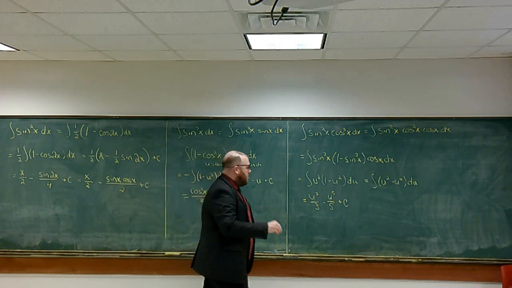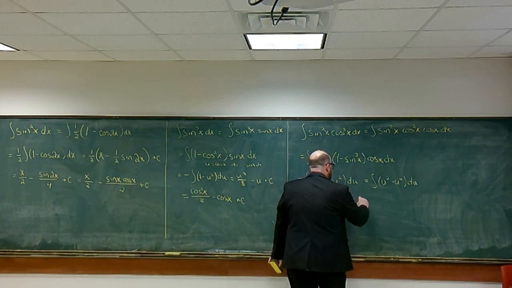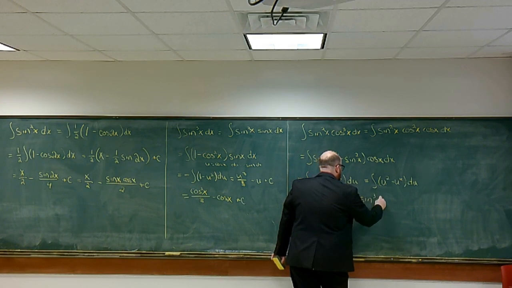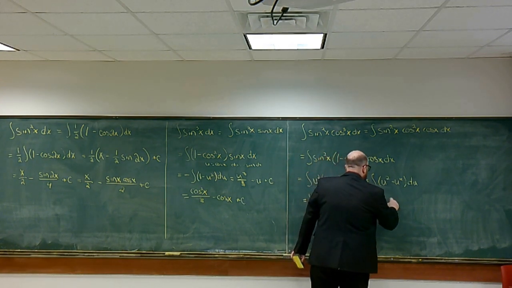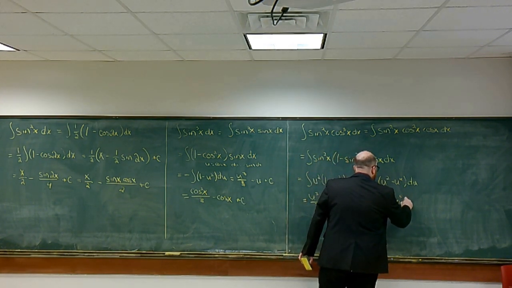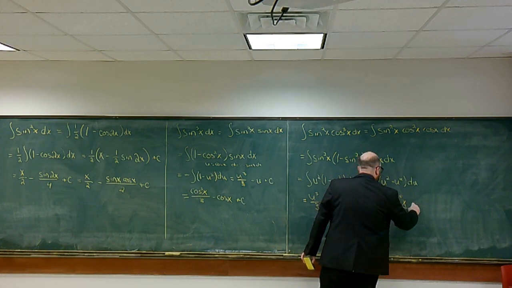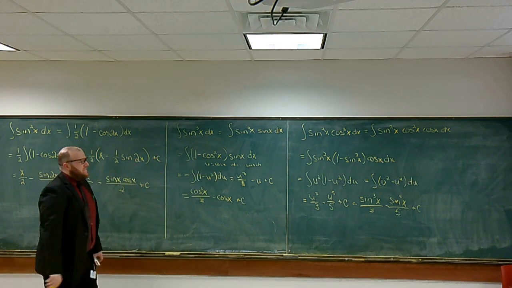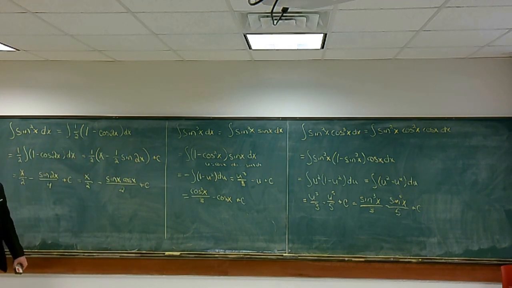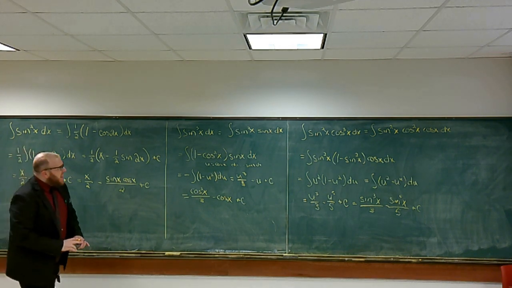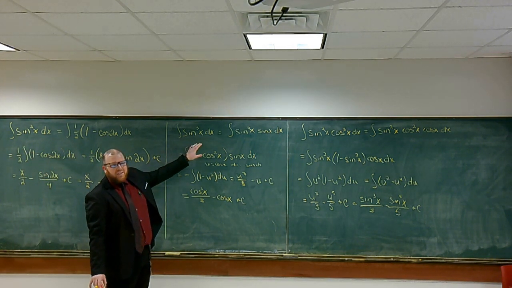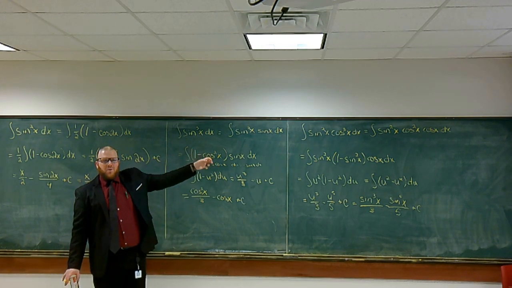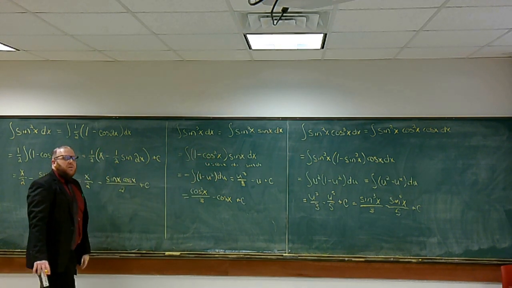And then back substitution. We said u was sine. There's your antiderivative. Notice here sine was the odd power. We did the same thing, didn't we? We took one sine, used the identity, then did u sub.